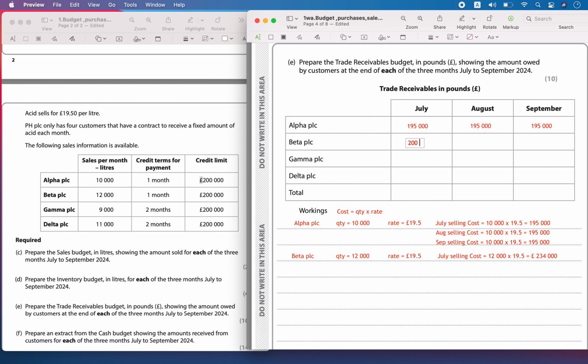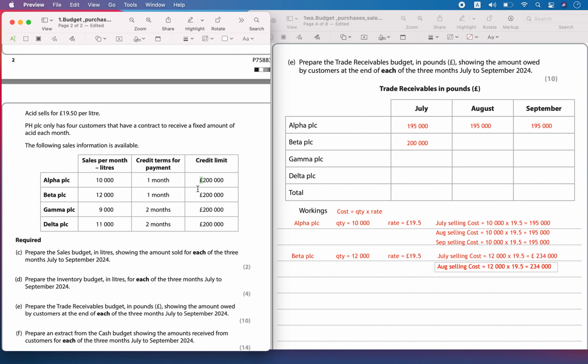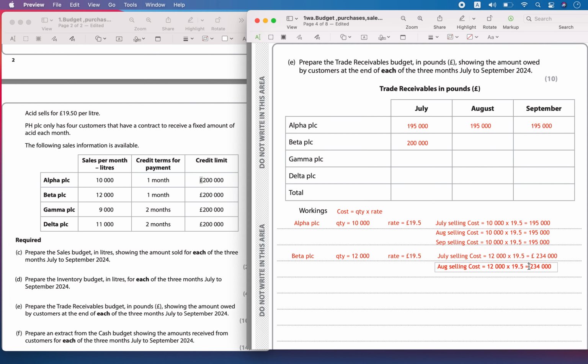The selling amount will be 12,000 times this rate, 234,000, and for September also it will be the same for them.